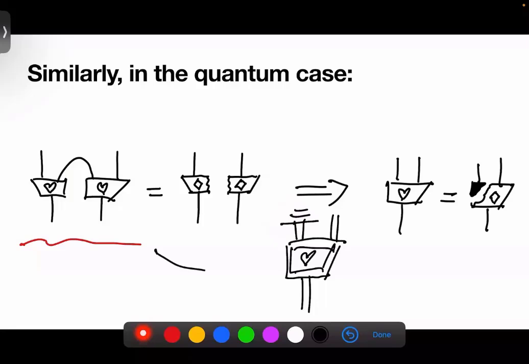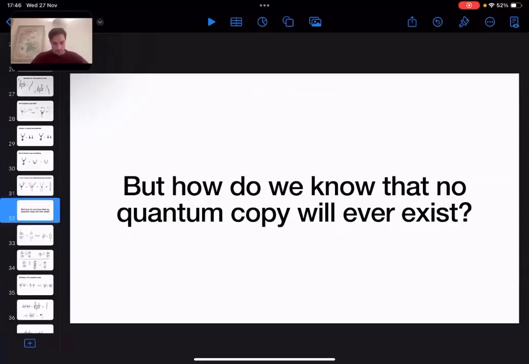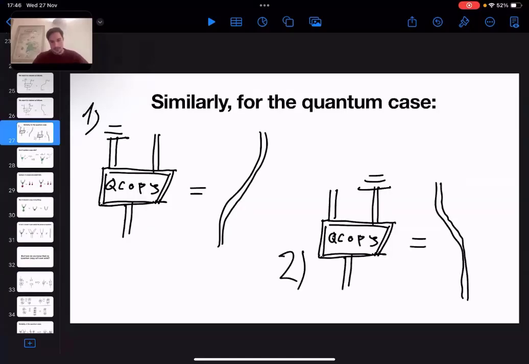So if we expand the definition of this, what we were looking at is whether there exists a quantum copy, and then we had these two equations that we wanted this quantum copy to satisfy.